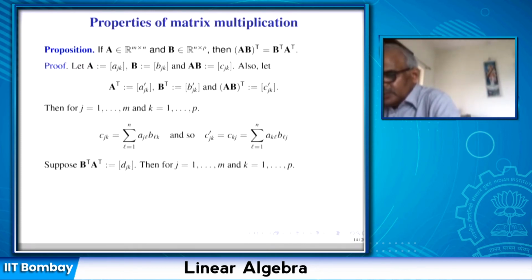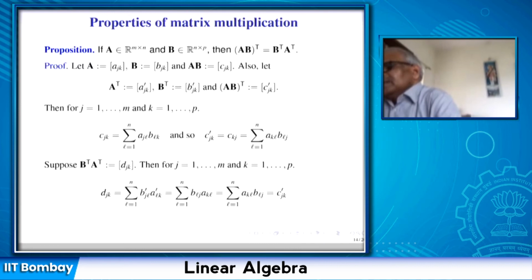I know the entries of B transpose and the entries of A transpose, so when I write the product, I can display the entry in the jth row and kth column of B transpose A transpose. That will be the jth row of B transpose, which is really the jth column of B, and the kth column of A transpose, which is the kth row of A. So we write down the definition of DJK using the product formula, and you can check that DJK is CJK prime. That is the proof that the transpose of AB is B transpose A transpose.